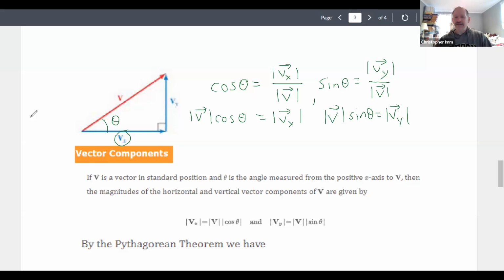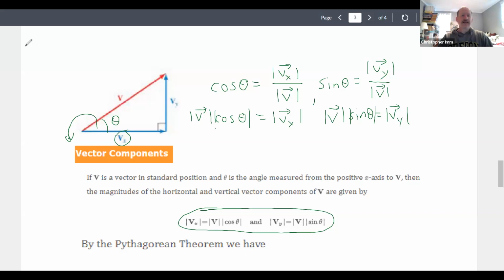Now notice how they have absolute values around the cosine and the sine below. If this angle terminated in a different quadrant, then it's a possibility that we would have negative values for the cosine and sine, and we don't really want that because magnitude has to be at least non-negative. So we can go ahead and put those absolute values around the sine and the cosine. As long as we're in quadrant 1, we're okay. So these will be the components of that vector.